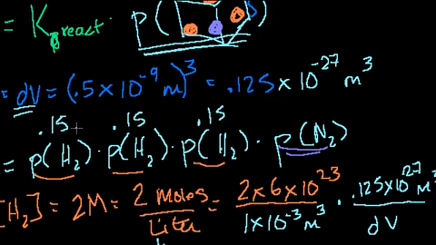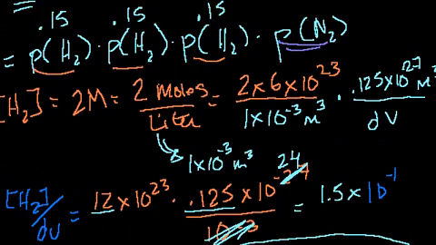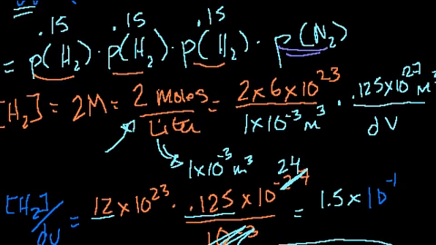But how did we get this 0.15? We multiplied the concentration of hydrogen, which was this right here. That's the concentration of the hydrogen. I should do it in a more vibrant color. Times just a bunch of scaling factors, right?